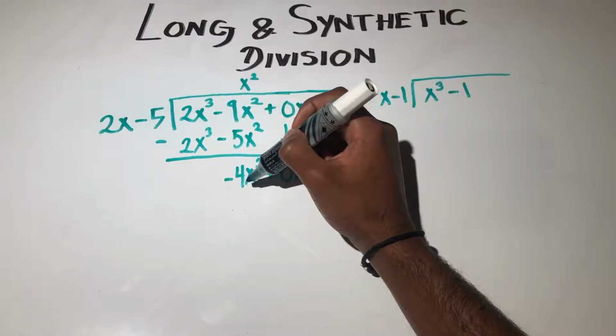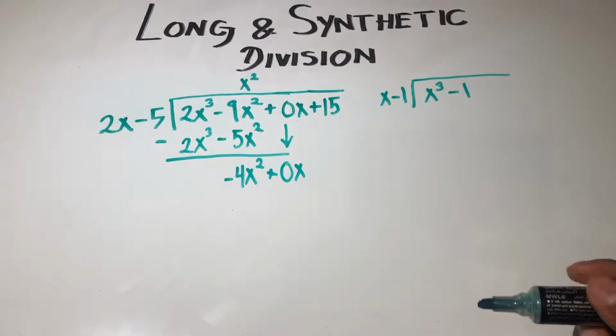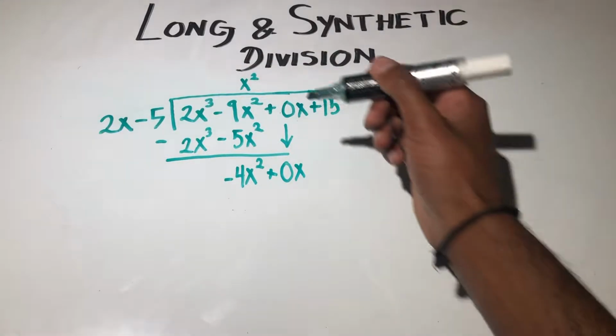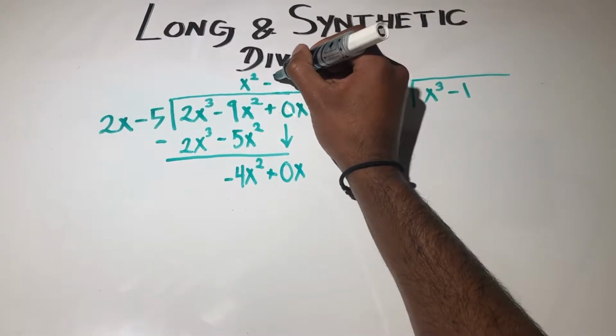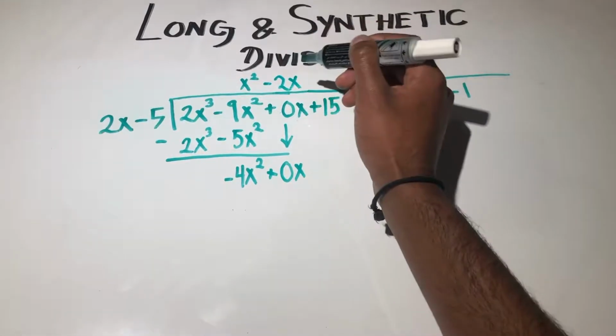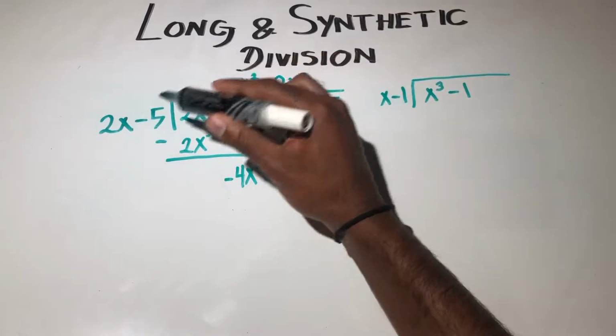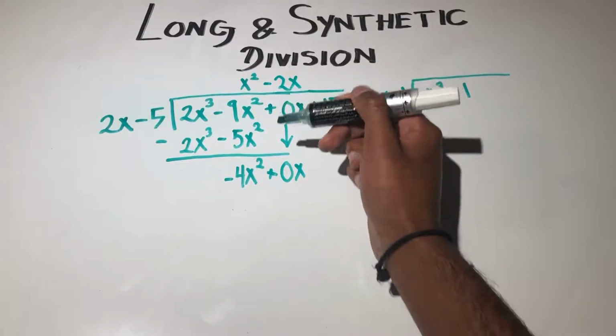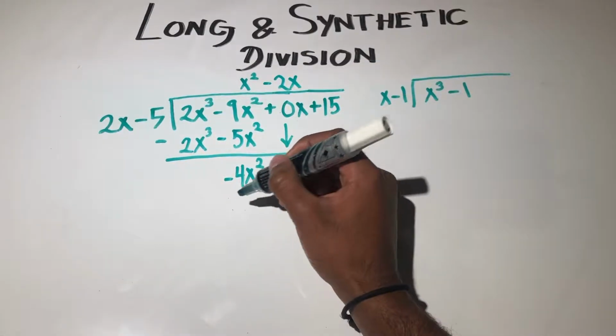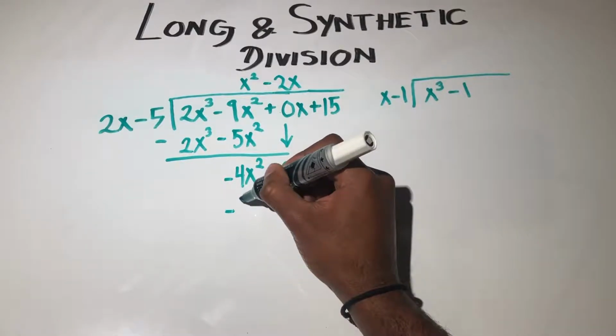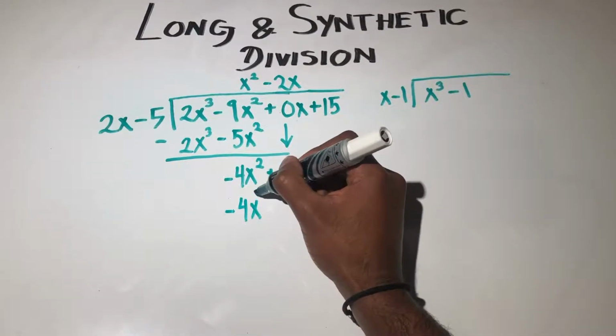So negative 4x squared divided by 2x, that's going to give us negative 2x. And then we're going to take negative 2x and multiply it by the divisor. Negative 2x times 2x is going to give us negative 4x squared.